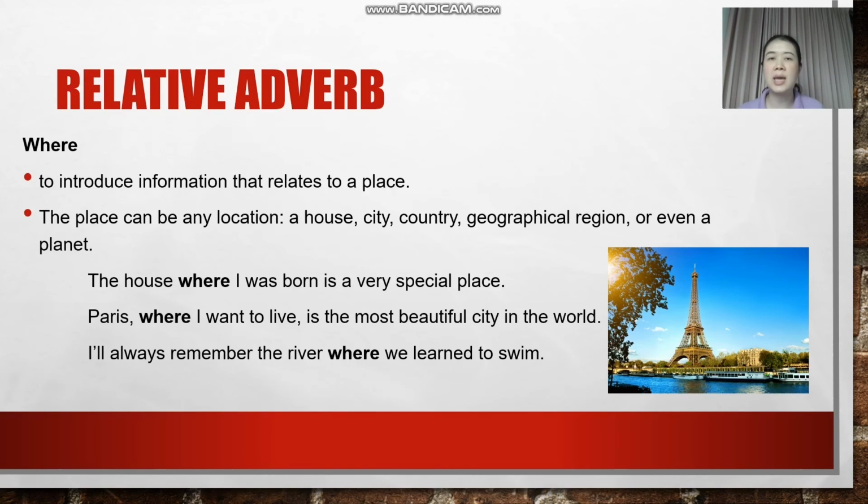Everyone can understand this. But what about the house? If we just remove that information, where I was born, we don't need that. Let's try. The house is a very special place. So which house are we talking about? The house where I was born. So that's the reason why we need where I was born to be there in order to modify which house that we are talking about.